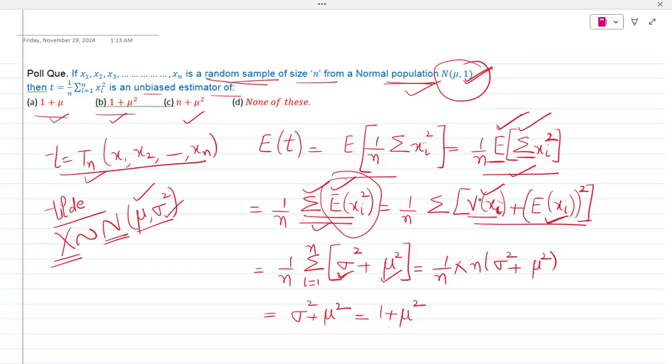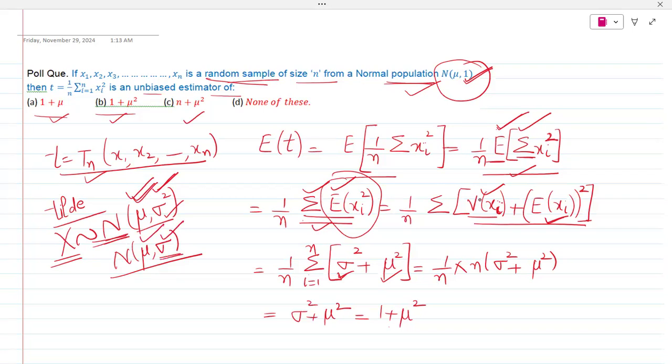Some authors say that mu and sigma square are the parameters, and some authors say that mu and sigma are the parameters of the normal distribution. Means some authors say mean and variance are the parameters, and some write mu and sigma. So what is sigma? Standard deviation.